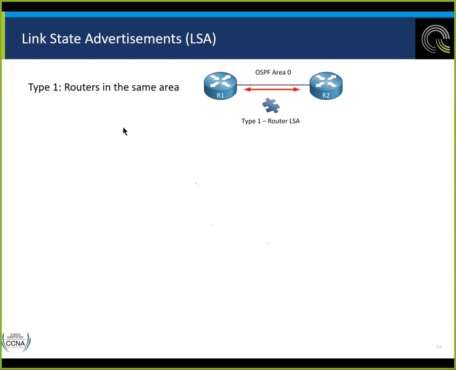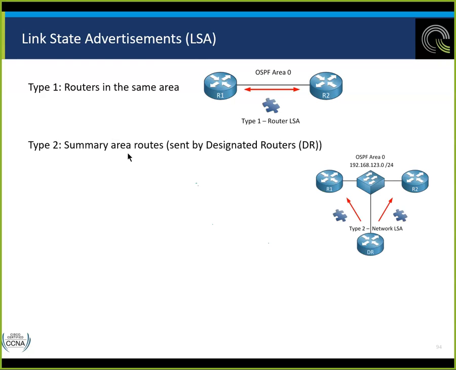The link state announcements: we saw what one looks like in Packet Tracer, and if you ever want to look at those scans, they are in the share folder. When the routers are in the same area, OSPF type 1 is used for them to share information. Type 2 is sent by the designated router.